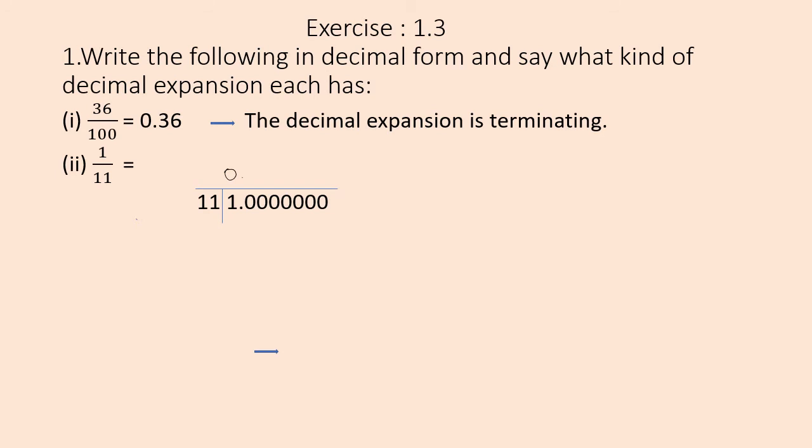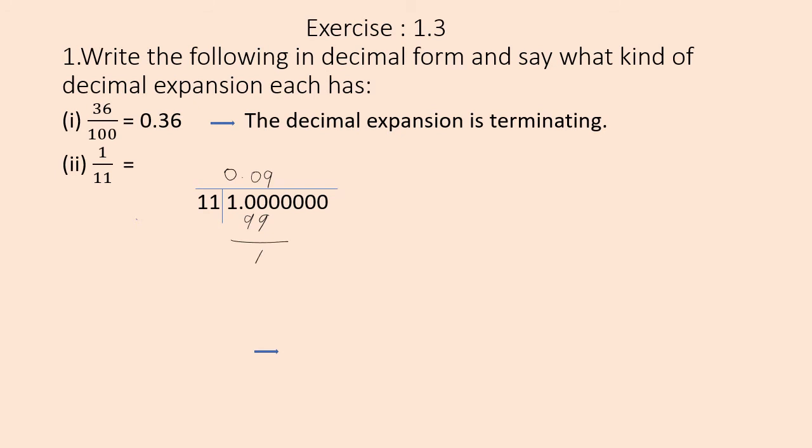Now 10 divided by 11, that is not possible. Again one more 0. Now take the number 100. In 100, 11 goes 9 times. So you write 9. 9 11s are 99. 100 minus 99, that is 1.